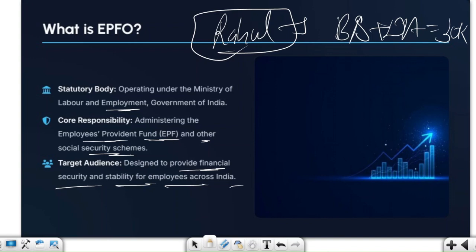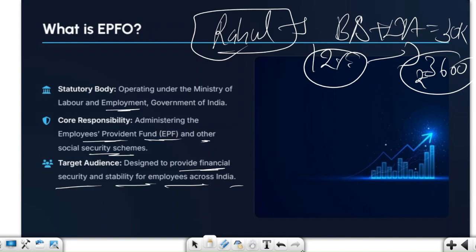For simplicity, let us understand the contribution mechanism using the statutory contribution structure, where the employee will be contributing 12% of this 30,000 rupees. What is 12% of 30,000? That is 3,600 rupees. This 3,600 will be the employee's contribution, and there will be an employer's contribution as well. That will also be 12% of 30,000, that is 3,600 rupees.